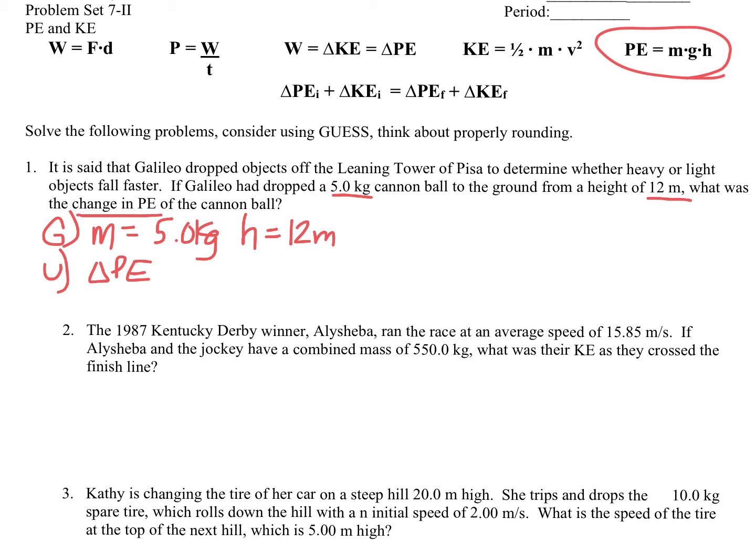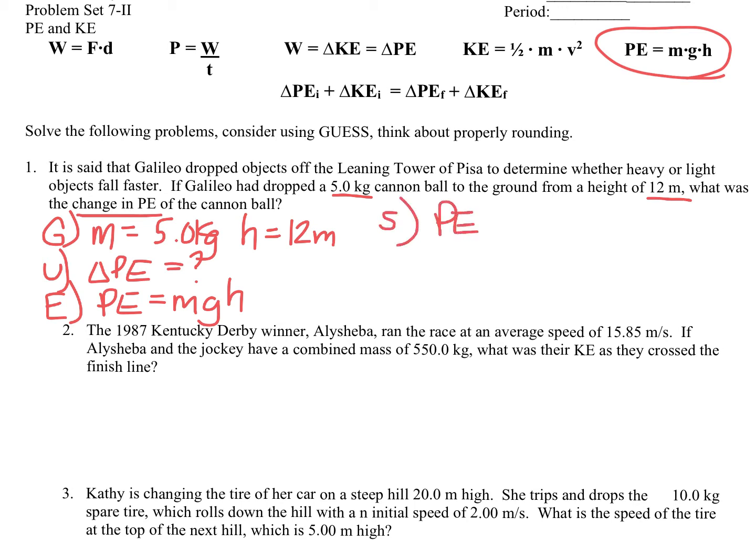Now, once it falls to the ground and it's on the ground there is no potential energy, right? It's sitting on the ground, so there's no height anymore. So really all we have to do is figure out what is the initial starting potential energy in this case. And we know potential energy is just mass times gravity times height. So now that we have that equation, let's plug in and solve for that.